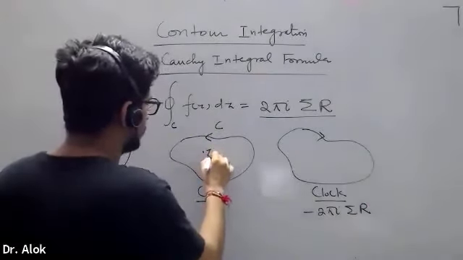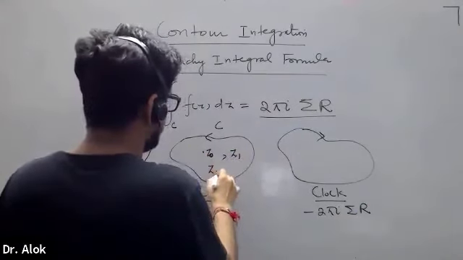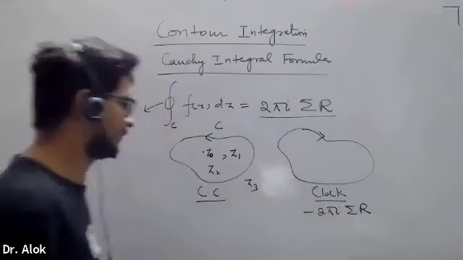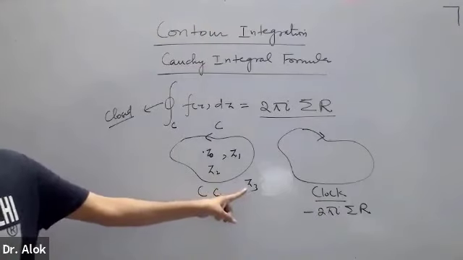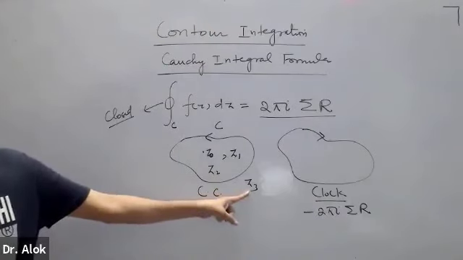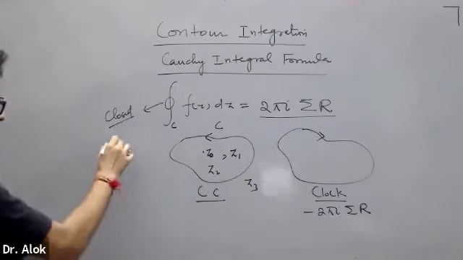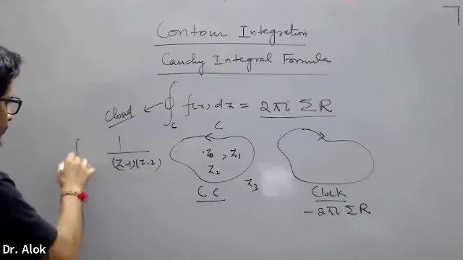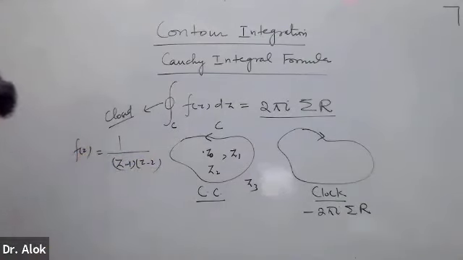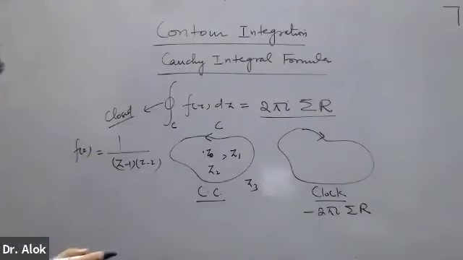And the sum of residues will be like this. Suppose Z0 is a pole which is inside this, Z1 is the pole which is inside this, Z2, and Z3 is also a pole, but that is outside. So this pole will not be considered even though it is a pole, because that is outside the contour. So my example is like this. Suppose we have f(z) with factors (z minus 1)(z minus 2) in the denominator.